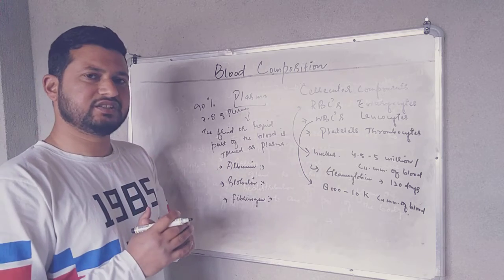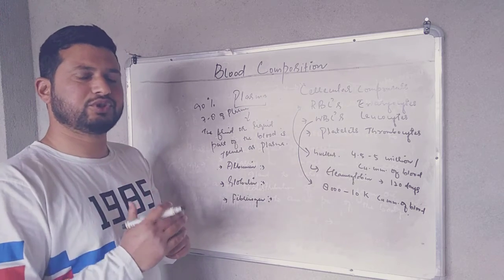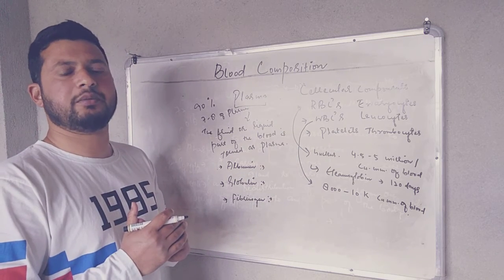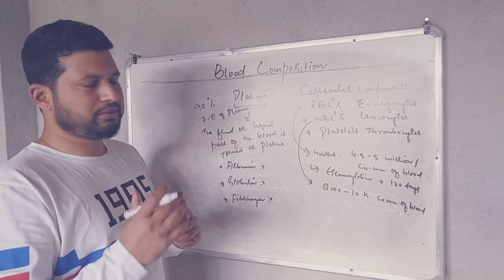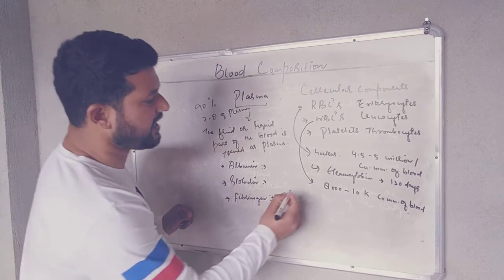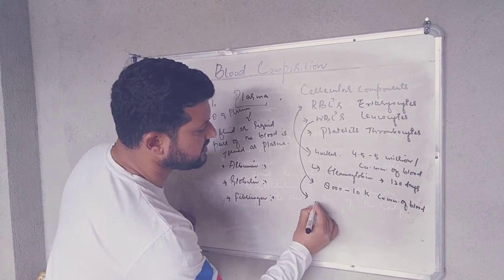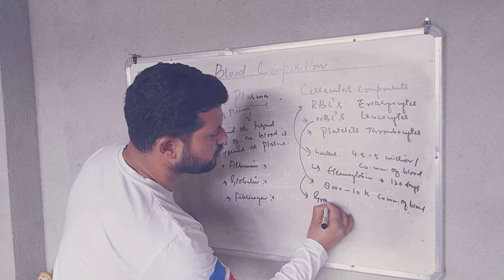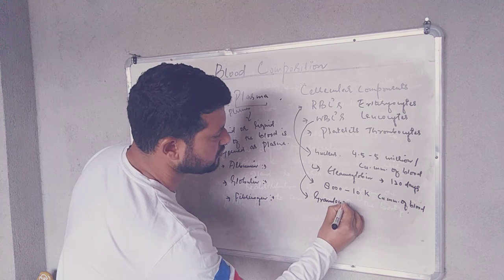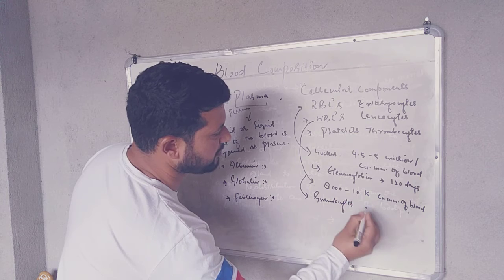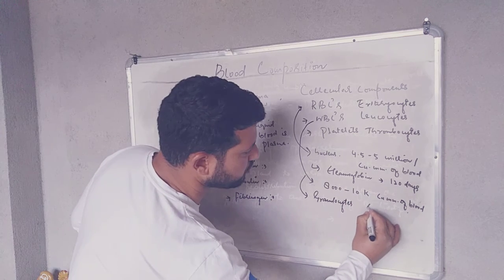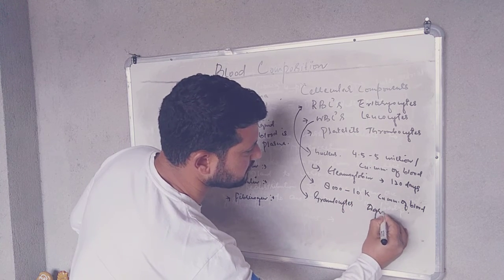These WBCs have been classified into two types on the basis of presence of granules. If the WBCs contain the granules, those WBCs are known as the granulocytes, and those WBCs without granules are known as agranulocytes.